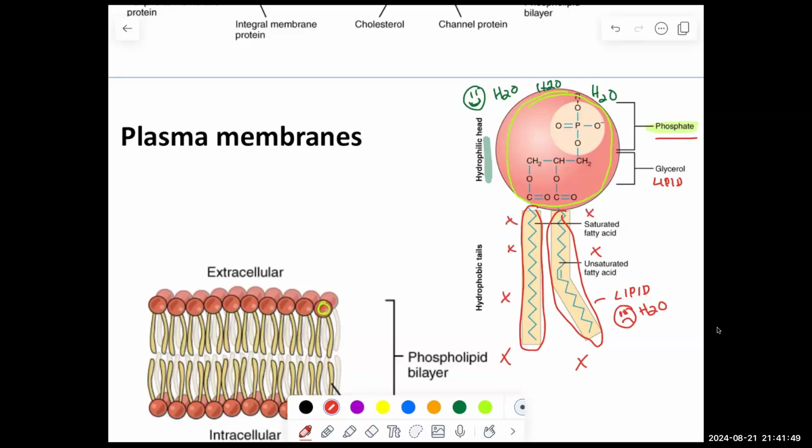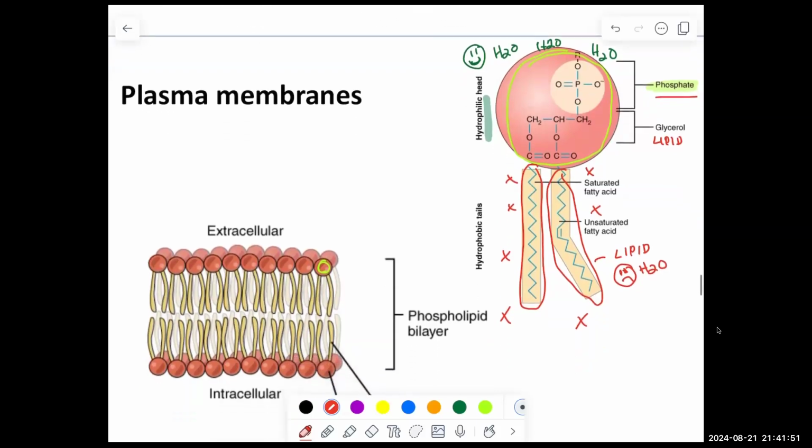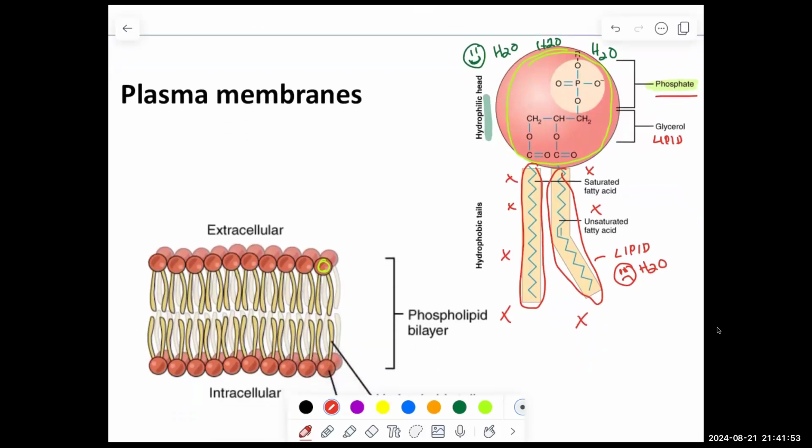Okay. So when the phospholipid membrane arranges itself like this, and by this, I mean over here in green, all of that side is hydrophilic. So that's okay with water. Only the red area is okay with water. So water can touch that area. However, all of the middle is hydrophobic.